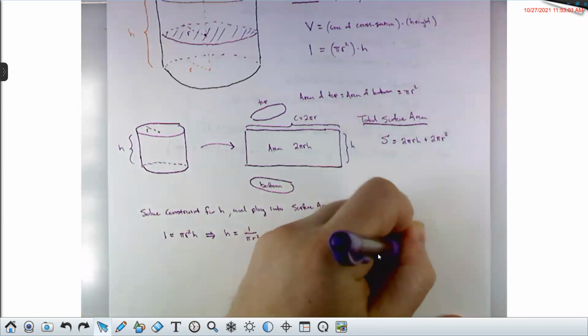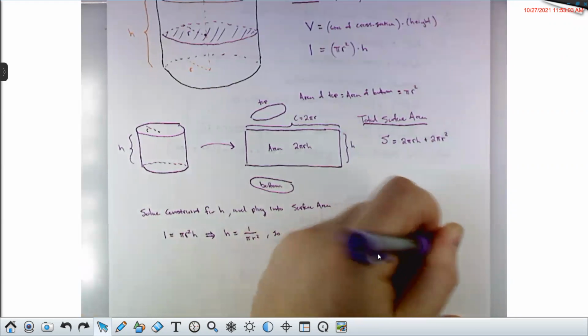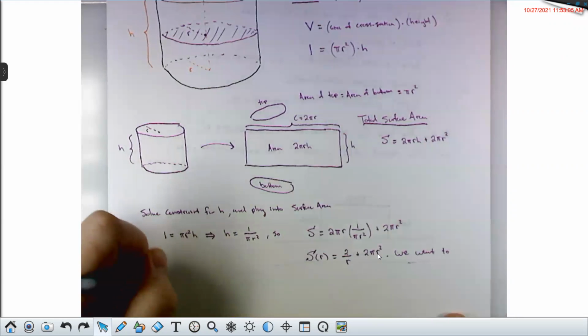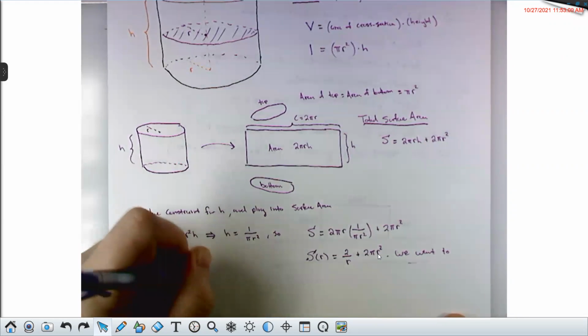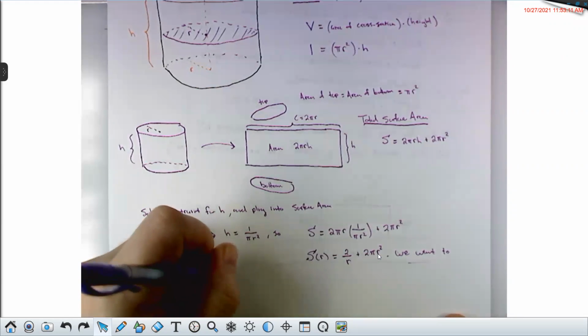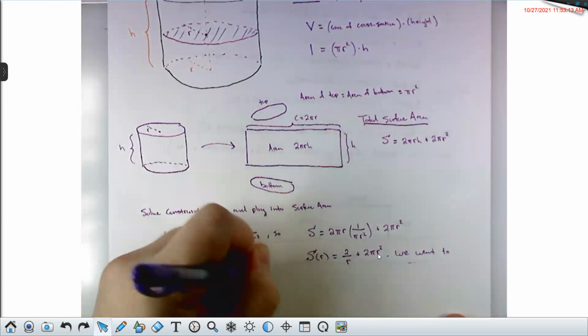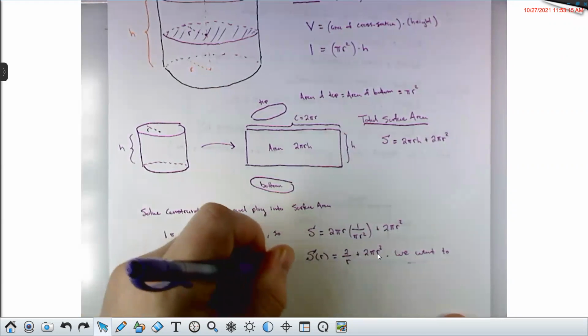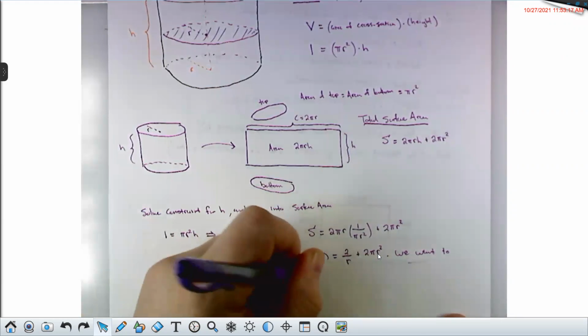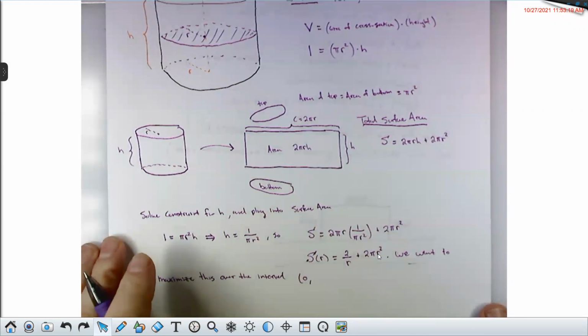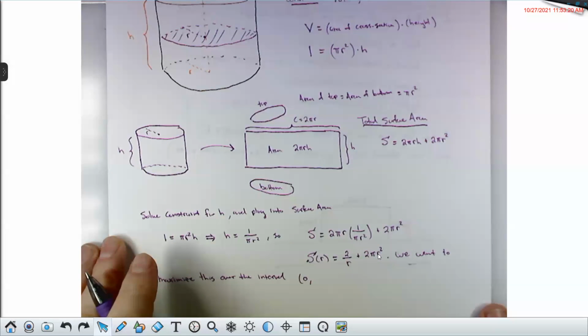So we want to minimize this over the interval zero to, what's the largest r could be?